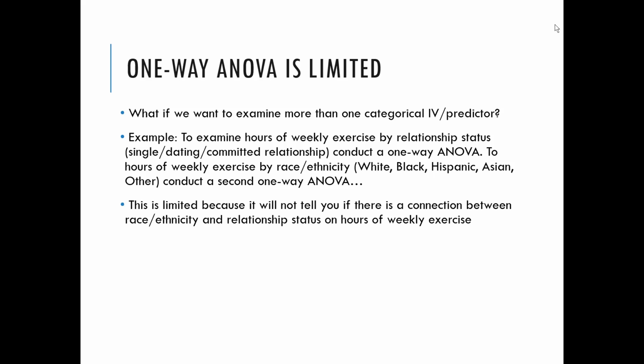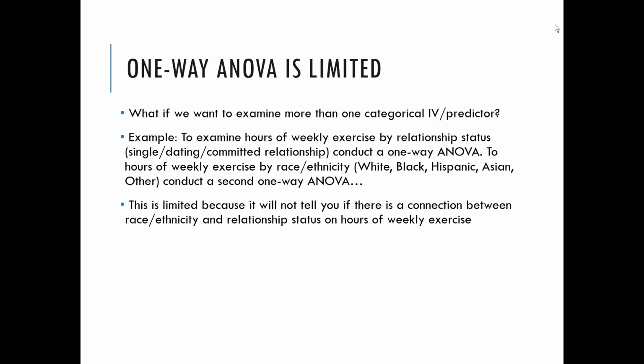But if we're interested in more than one categorical predictor, so for example, if we're interested in hours of weekly exercise as our outcome, and the independent variables are relationship status, categorized into 3 levels, single, dating, committed relationship, and race, ethnicity, categorized as white, Black, Hispanic, Asian, and other.